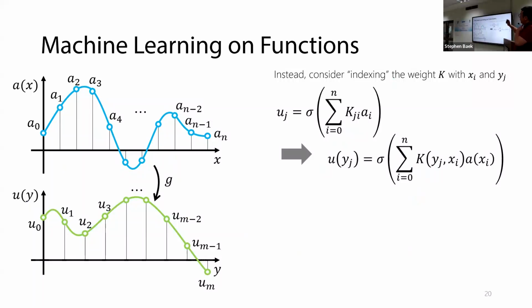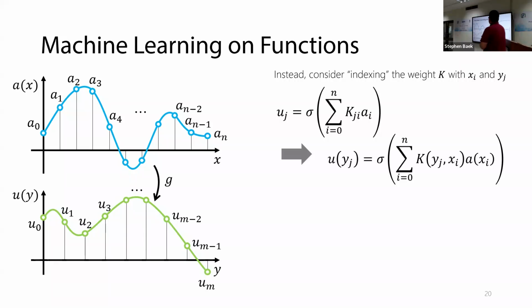So here's a trick. What the neural operator does is consider some sort of a continuous indexing of the weight value k.